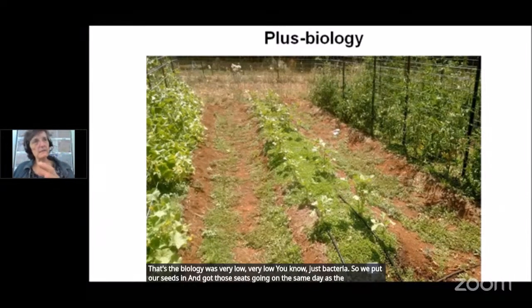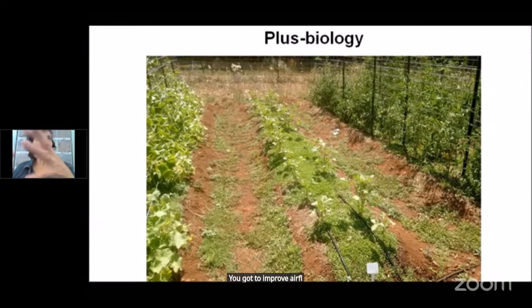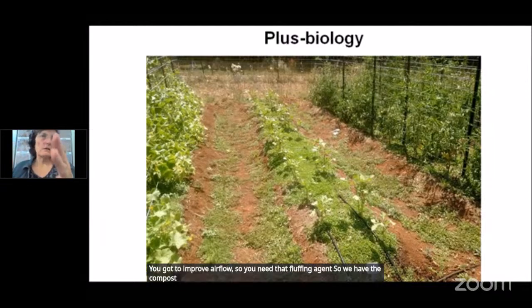On the same day, we then took our compost, mixed in the rice hulls, because in those little trays you've got to improve airflow, so you need that fluffing agent. So we had the compost mixed with the rice hulls, and then we put seeds in.